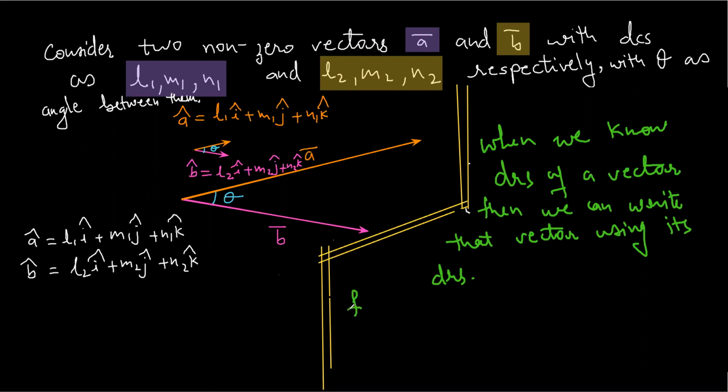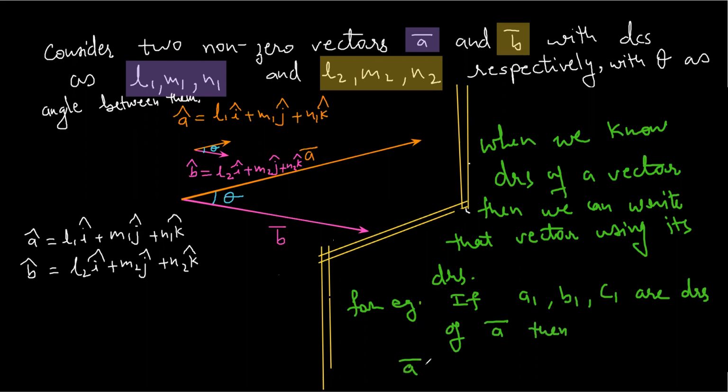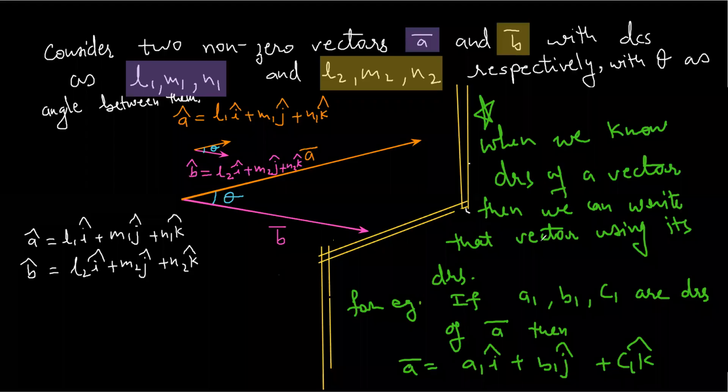For example, if A1, B1, C1 are DRS of A bar, then A bar equals A1 I cap plus B1 J cap plus C1 K cap. Please write this also, come on.